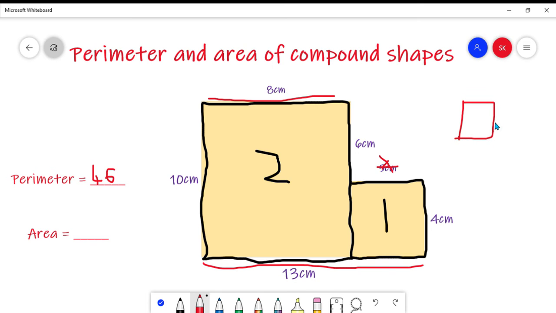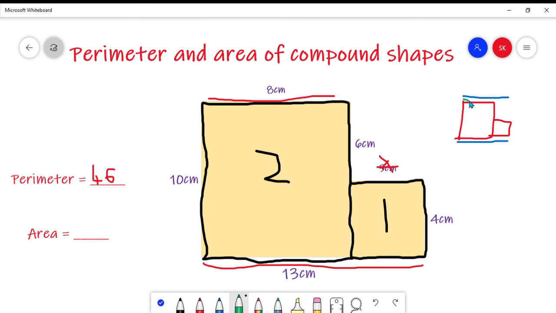So 13 centimeters, let's draw a mini example. We have a large compound shape just over here. Blue is going to be 18 centimeters. It's the whole shape's bottom and the whole shape's top too, since they're parallel, they're next to each other, they have to be the same. And green will be where 8 centimeters is.